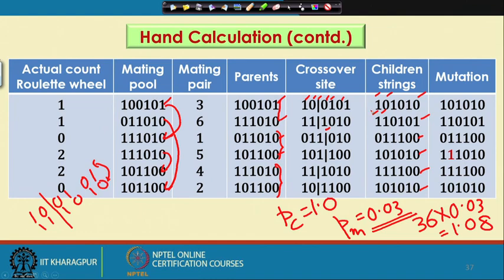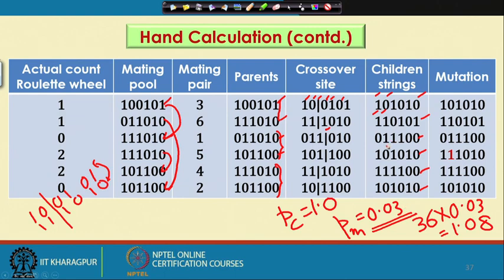At each bit position, I will use the probability 0.03 of a head appearing in coin tossing. If a head appears, it is a success and the bit will change, otherwise it remains the same. So, at each bit position we try with this probability, and there is a possibility that out of these 36 bits the mutation will occur on 1 bit.